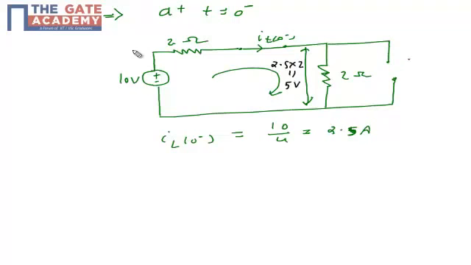So my capacitor will be charged, VC(0 minus) will be 5 volt.